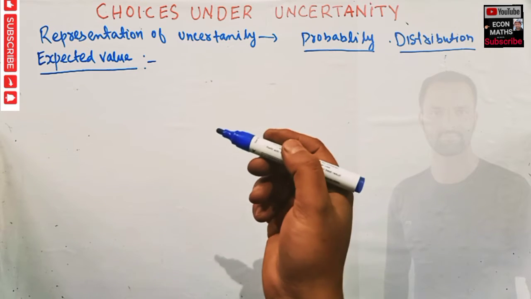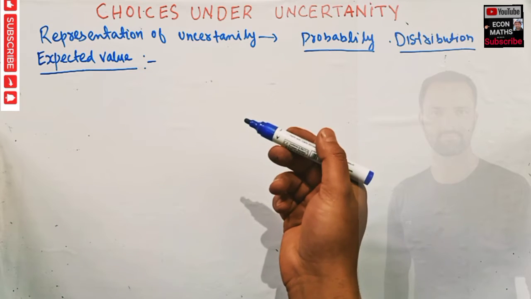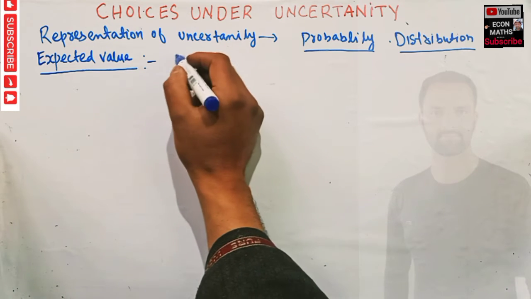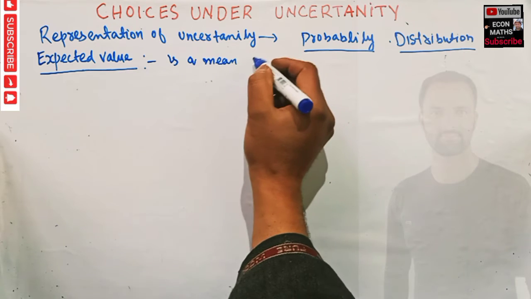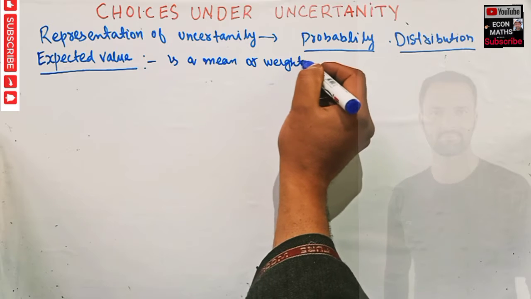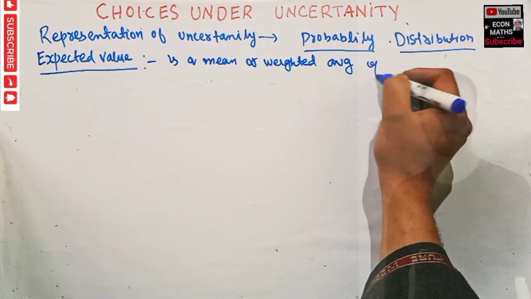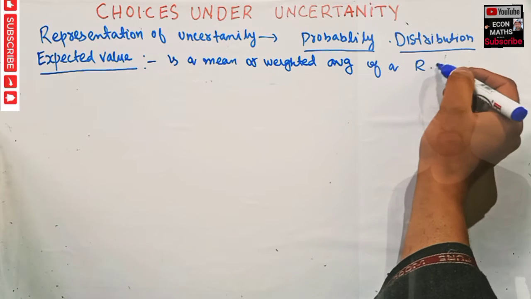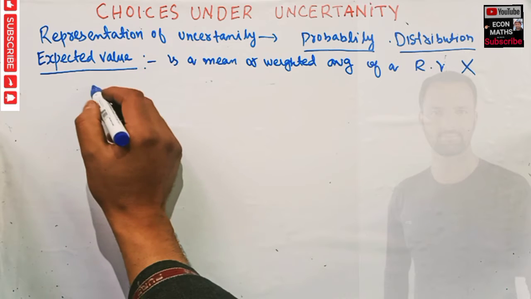Expected value is actually a mean or the weighted average of a random variable. Let's say we have x, and it is given by this.